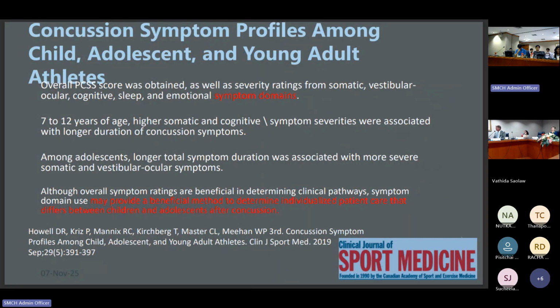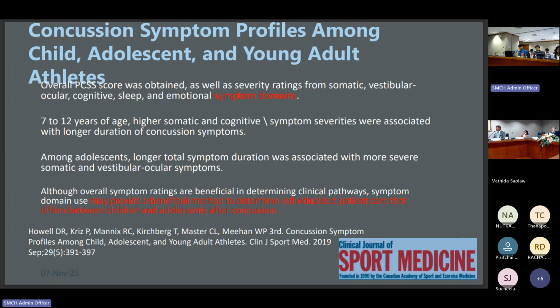And finally, I made this on a Mac, so when we look at it here, some of the formatting is off. Sorry about that. The pediatric group got together and they published this in the Clinical Journal of Sports Medicine and suggested that the 7 to 12-year-old group may be slightly different than the 13 on up.